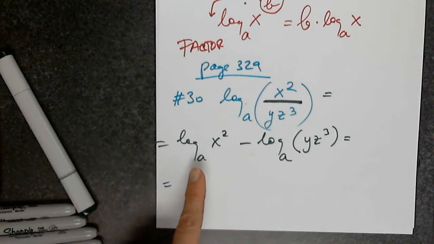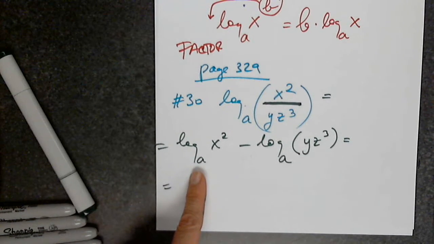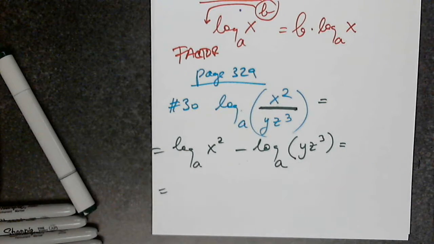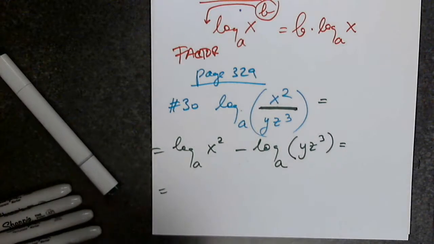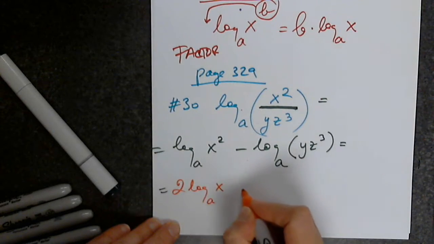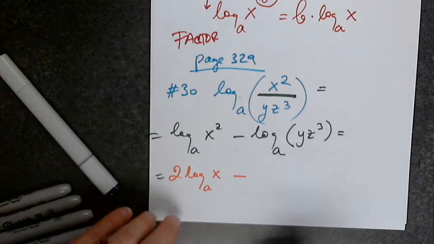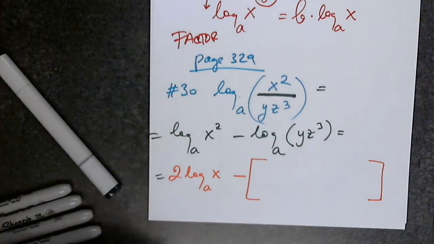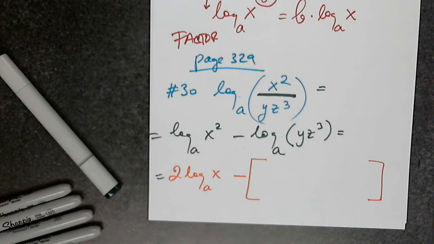Now I look at the first one. It does not have a product, but it has a power. How do I address the power? Exactly. 2 comes in front as a factor. So 2 log base a of x minus. Careful. If it has a product, I have to address the product first.